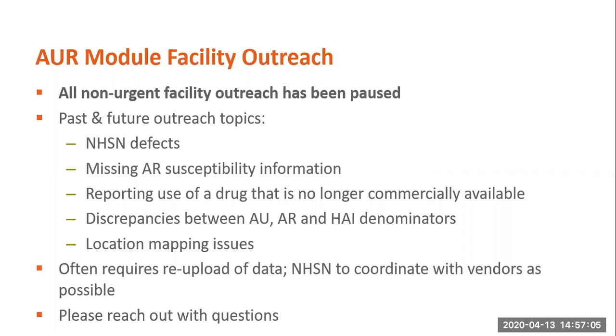A lot of these items do require re-upload of data, and we do try to coordinate with vendors as possible. And sometimes that's not always possible, but we try to do our best. But if you do get questions from your facilities based on outreach that we've sent or will send, please always reach out to us with any questions you have about that. So now I'm going to turn it over to Wendy.